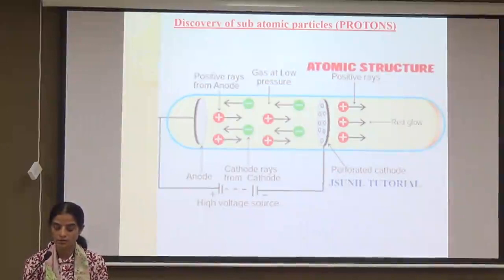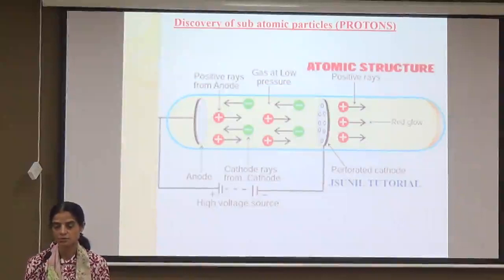Since this red glow is seen behind the cathode, it means the rays which were produced from the anode have passed through the cathode, that is, they were attracted towards the cathode, and hence we came to know that they were positively charged rays and hence are made of protons.